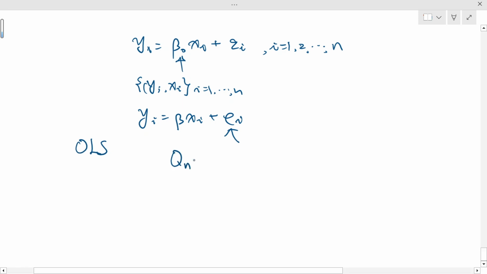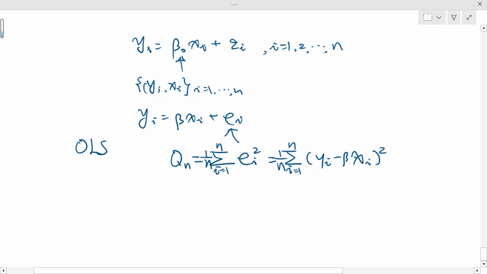So our objective function is the sum of squared errors, which is equal to the sum of (yi minus beta xi) squared, and I'm going to divide it by n.